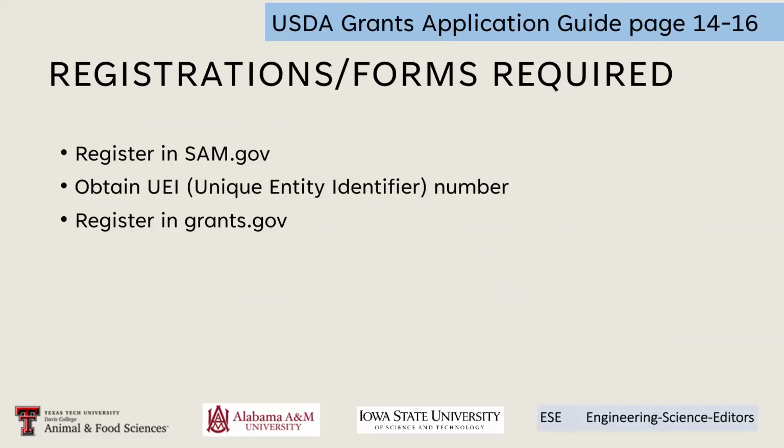Next thing we have to make sure we have in place are all our registrations. You have to register on sam.gov. You have to obtain a unique entity identifier number, and you have to register in grants.gov. If you are faculty in an institution of higher education, all these things typically have been taken care of.